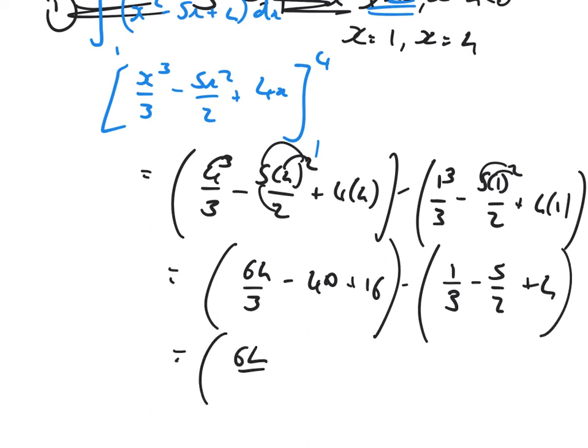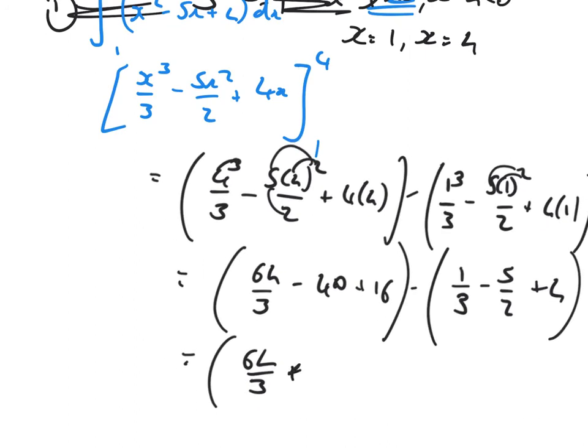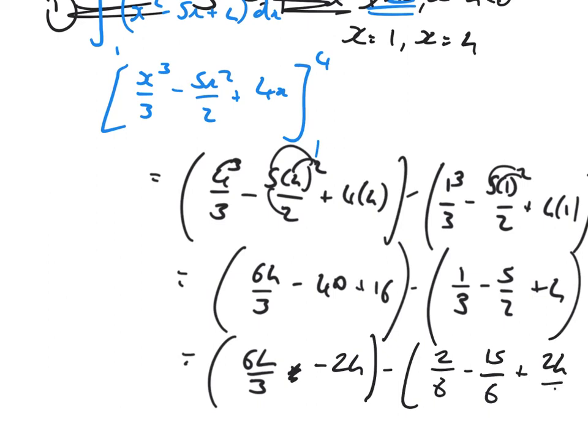Okay, so 64/3 minus 24, minus open up. And let's change this to 6, that will be 2/6 minus 15/6 plus 24/6.